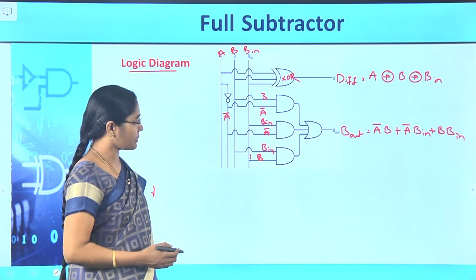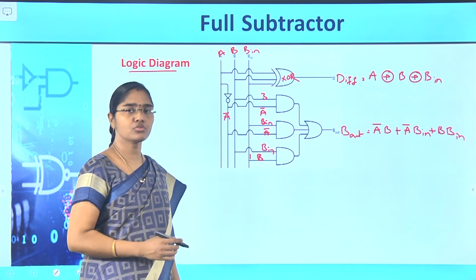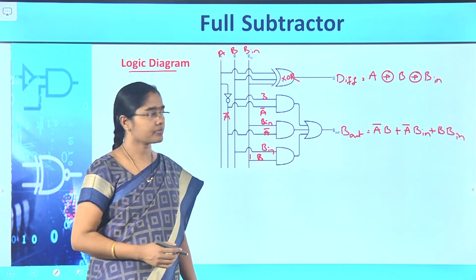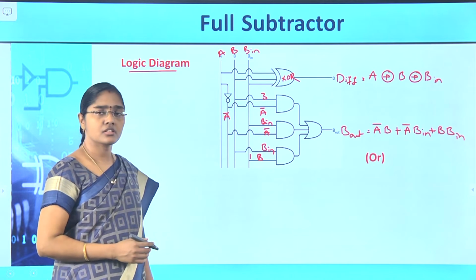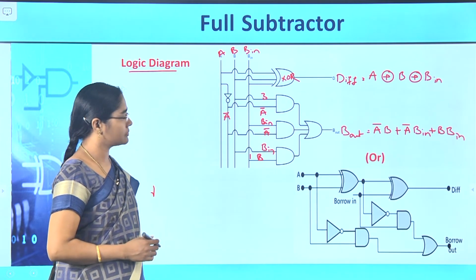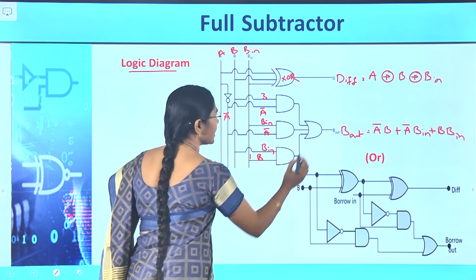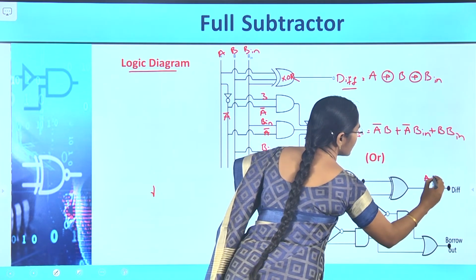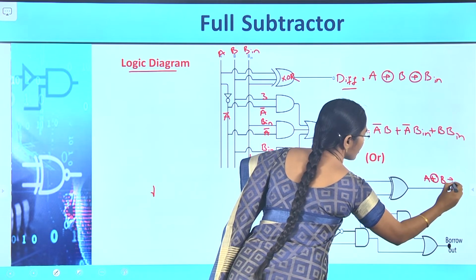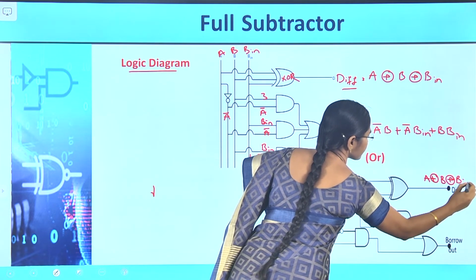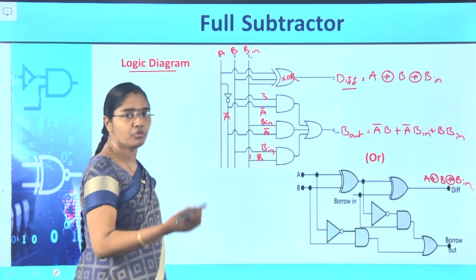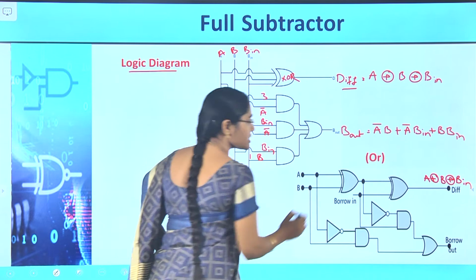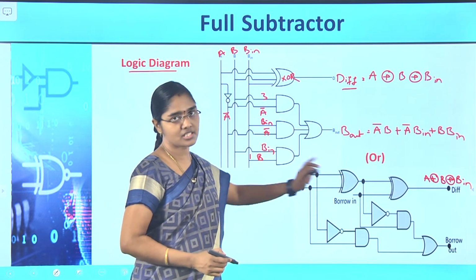But actually in our applications, we are going to use another logic diagram, or alternate logic diagram, using the same difference equation, that is difference is equal to A XOR B XOR B in. But for borrow, we are going to take the sharing of one logic gate from the difference equation.